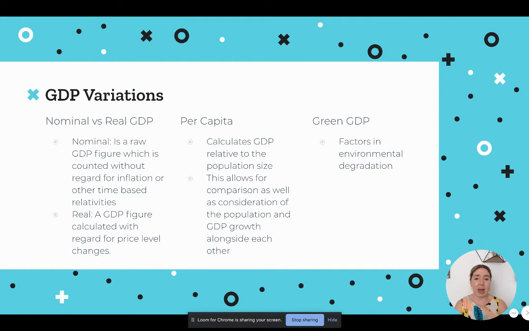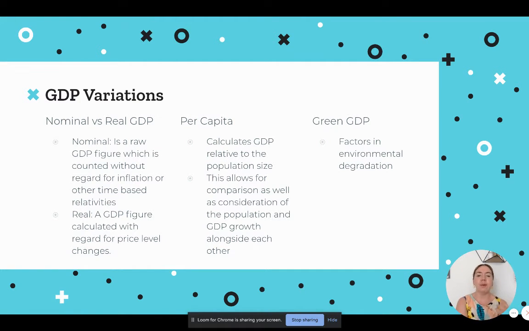Now, we are going to look at how we use a calculation to calculate nominal and real GDP, and like I said, that's something I'm going to share with you later. But for right now, you just need to know that nominal is raw GDP without any consideration for anything, and real GDP is GDP that has been adjusted to reflect price changes.